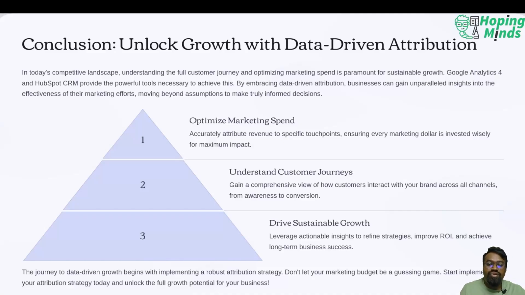Now, the journey to data driven growth begins with implementing a robust attribution strategy. Don't let your marketing budget be a guessing game. Start implementing your attribution strategy today onwards and unlock the full potential of your business.